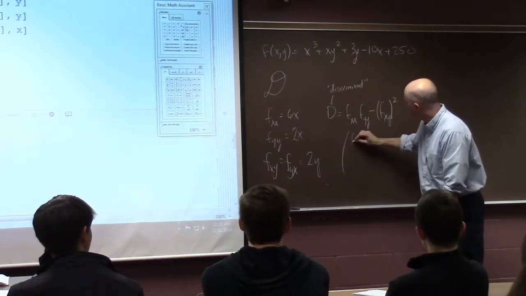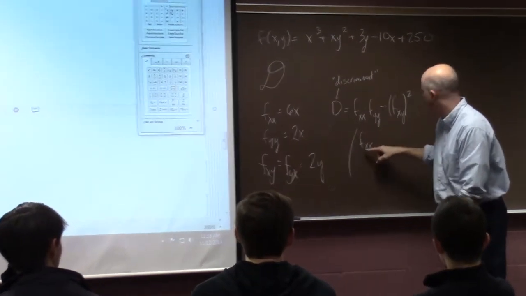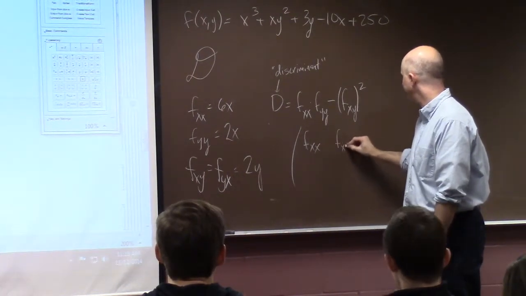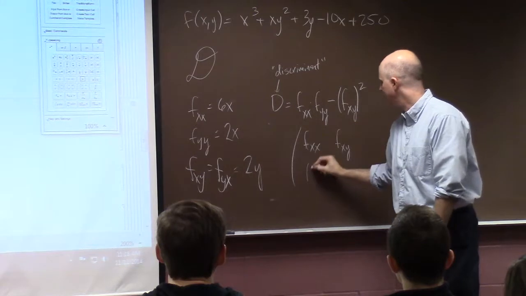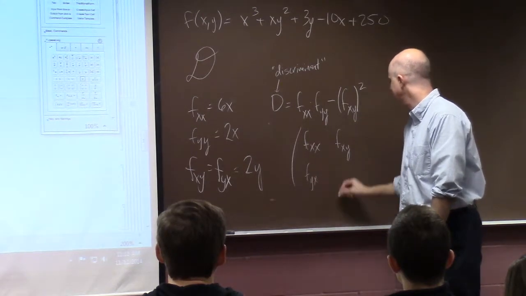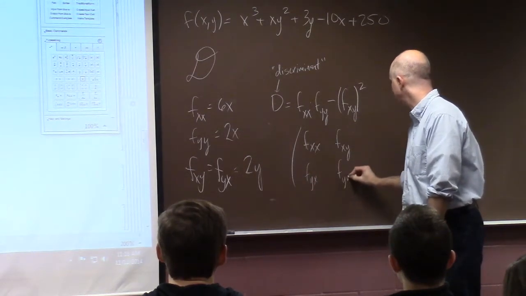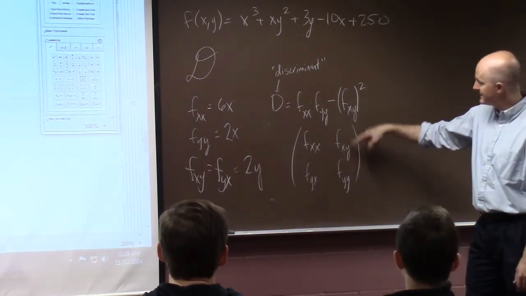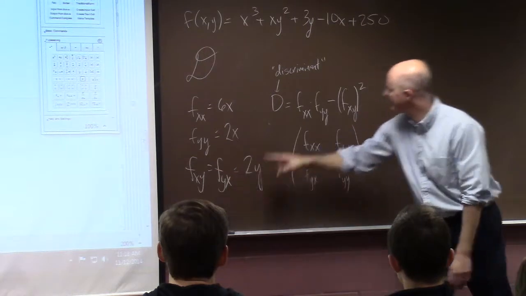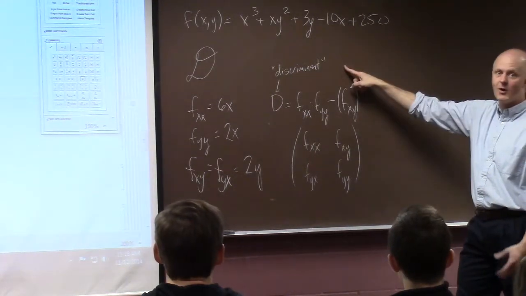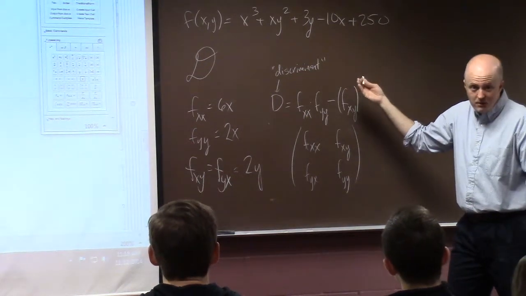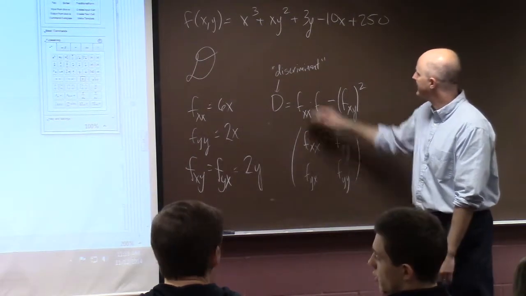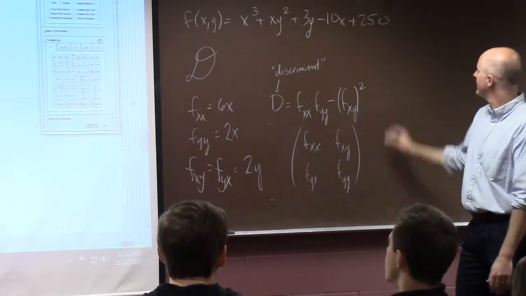If you make a 2 by 2 matrix whose upper left entry is fxx, whose upper right entry is fxy, whose lower left entry is fyx, and whose lower right entry is fyy, the determinant of that matrix by Clairaut's theorem is going to be the same as this discriminant. So they could have called it a determinant. They sound very similar, but they decided to call it a discriminant.